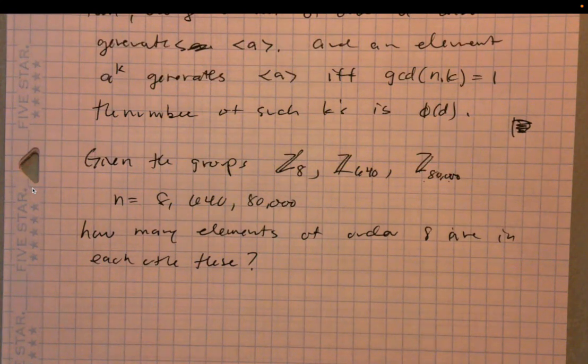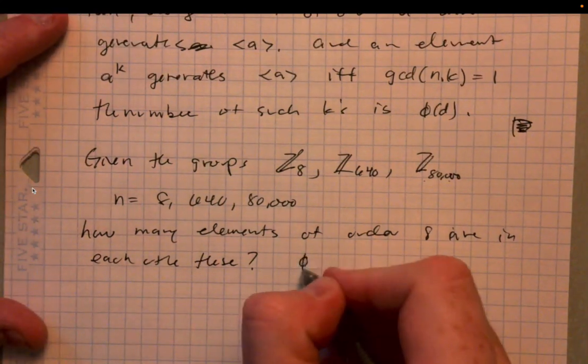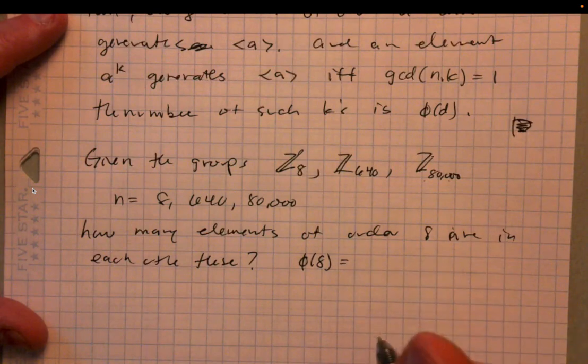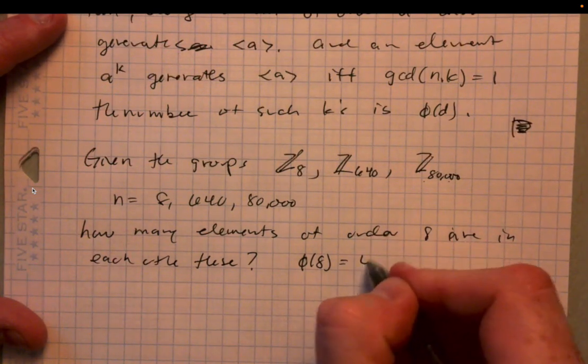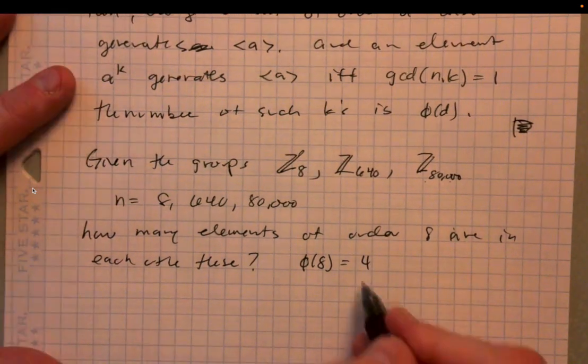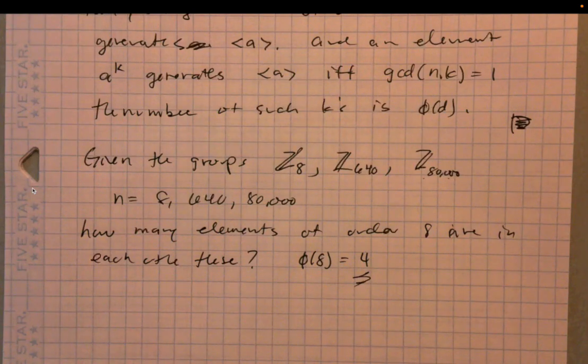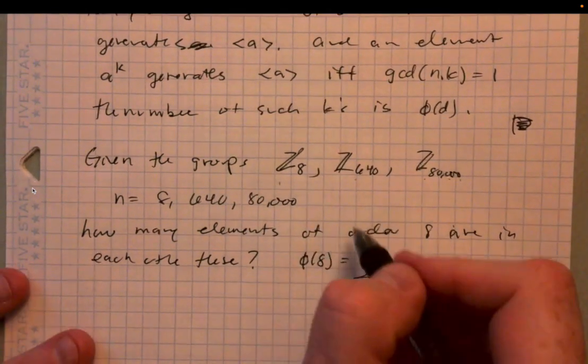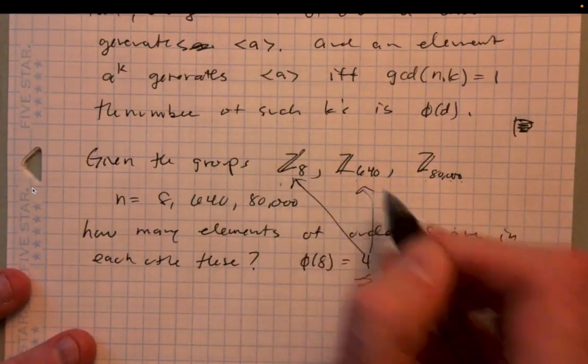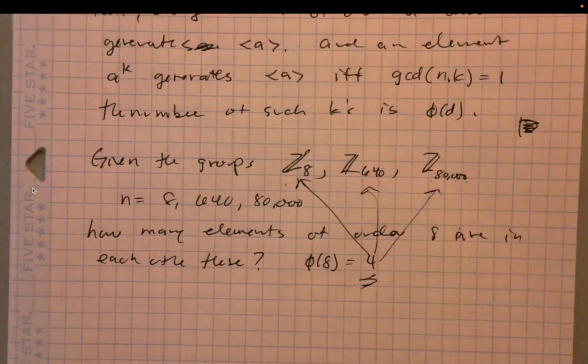You would be mistaken. Phi of 8, we saw already, is equal to 4. That's how many elements of order 8 are in all three of these groups. So only 4 elements in each of these groups have order 8.